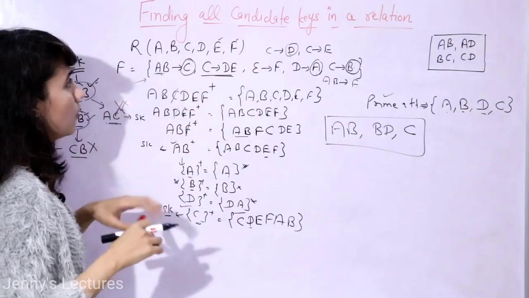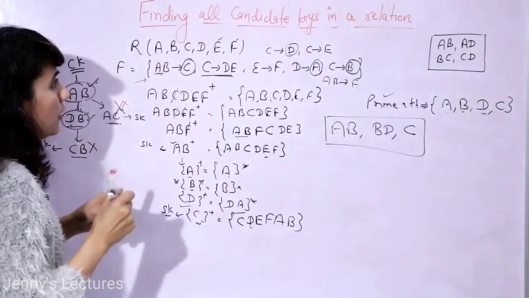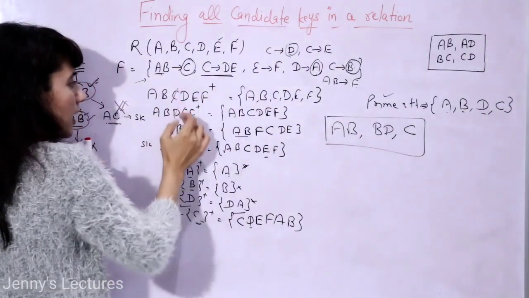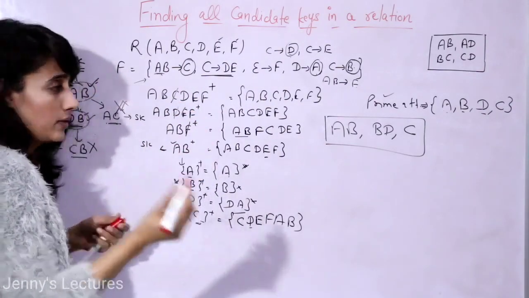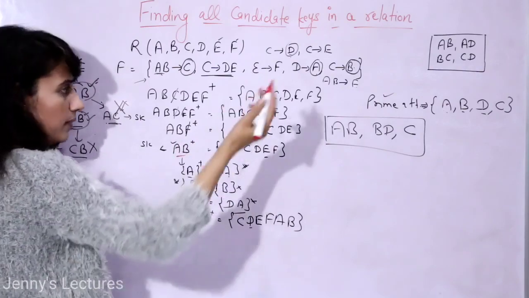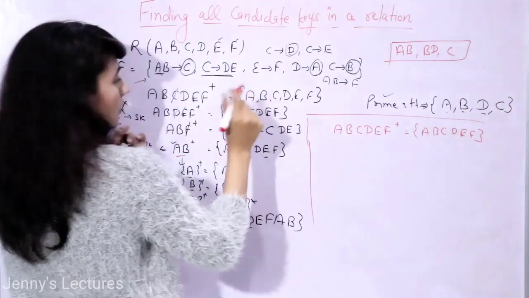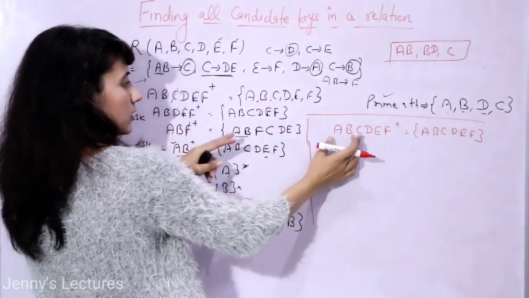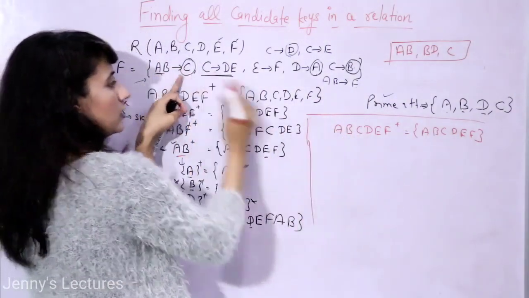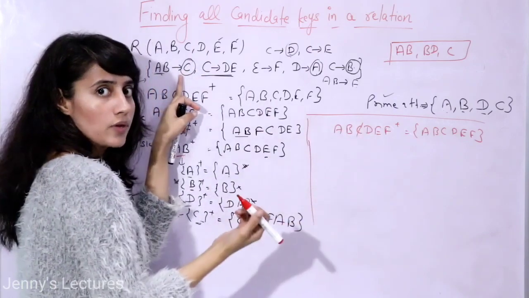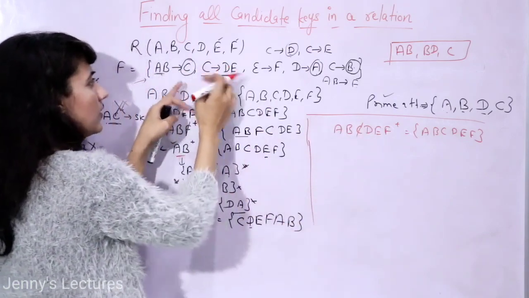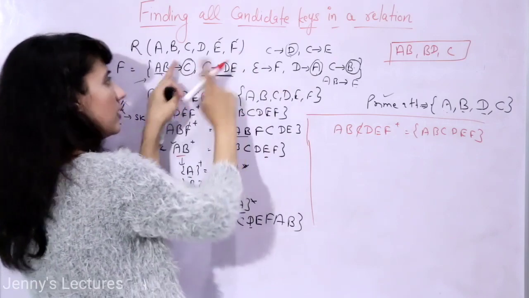Now when you solve this one and discard attributes, it is not necessary that you will get AB first of all. Maybe someone gets it like this. AB determines C, so you will discard C. Now you will not apply the transitivity rule and you will check another functional dependency.